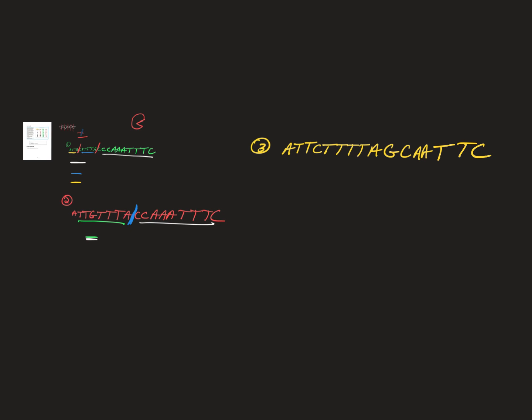Well, that would have just one band, because there is no TTAC. Nowhere in here do you see TTAC. So that would only have one single band in its gel.